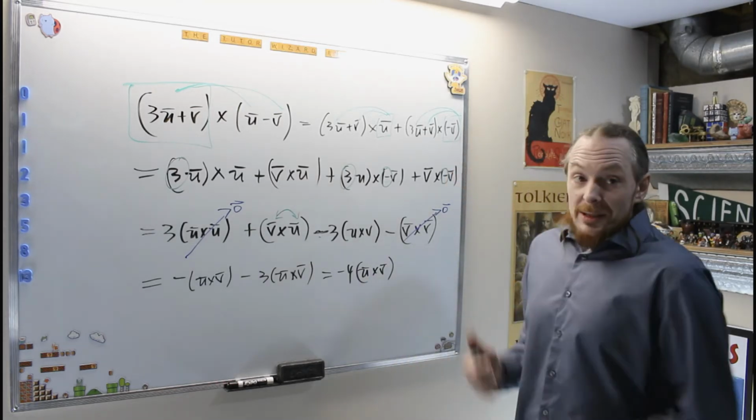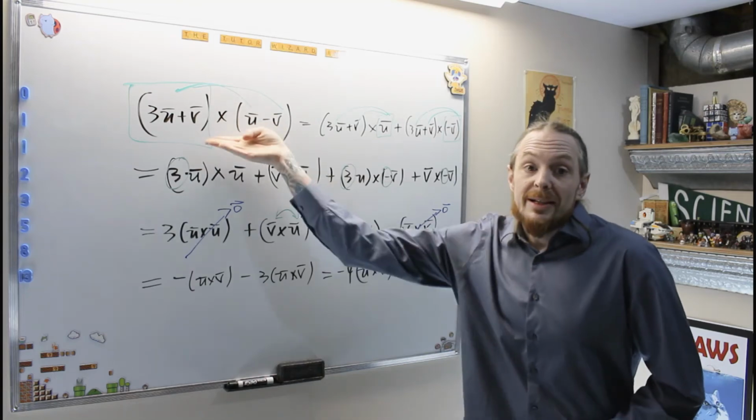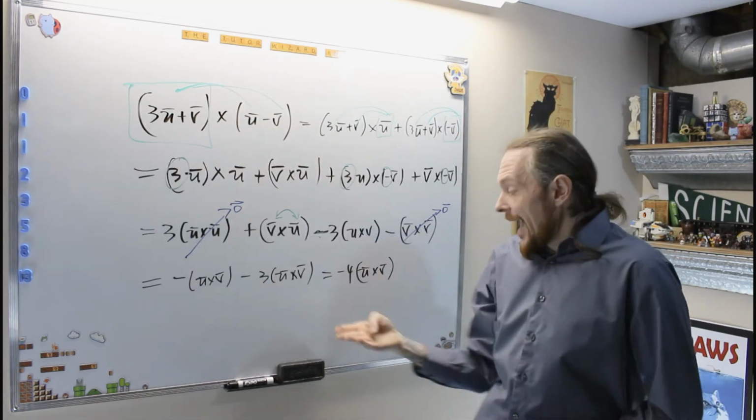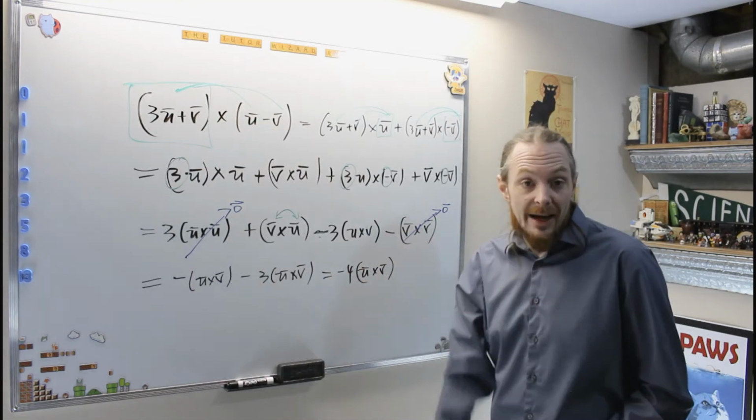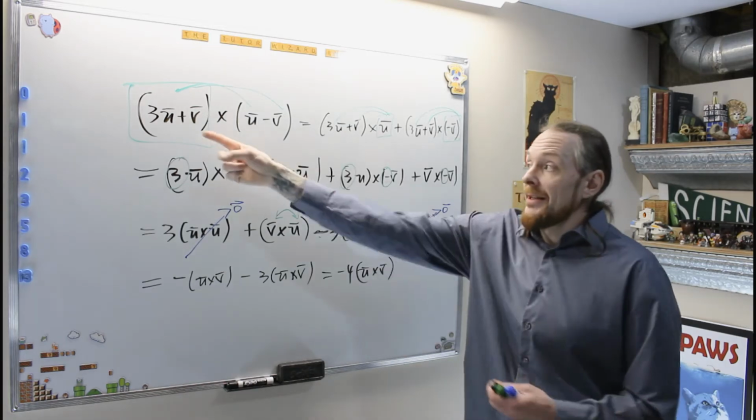So all of that work was using the properties to simplify the expression of the vector. Now that I have that, I can find the area of the parallelogram determined by these two things.